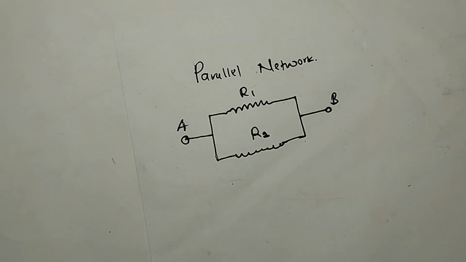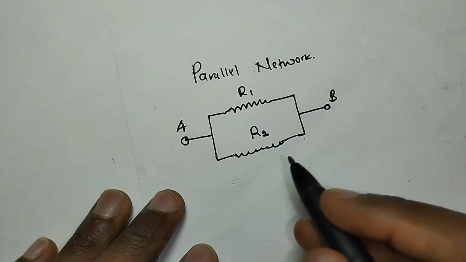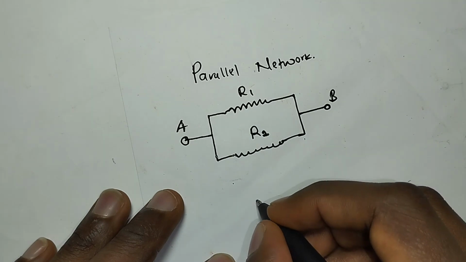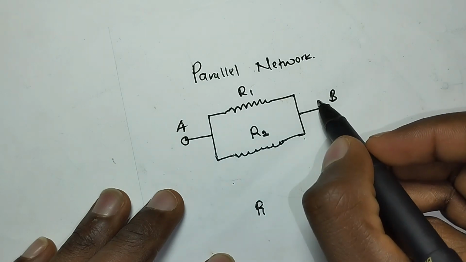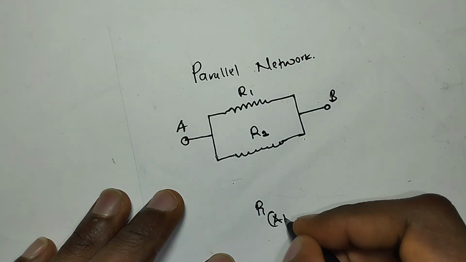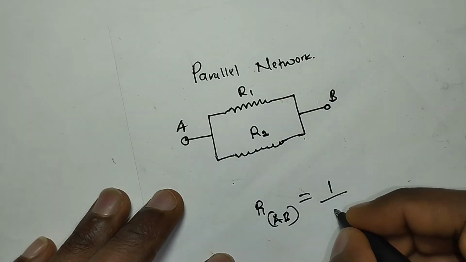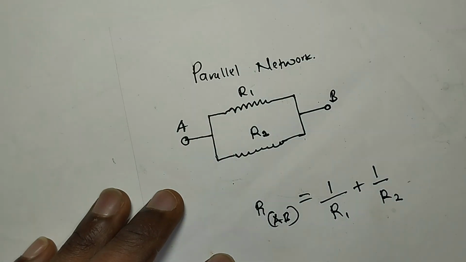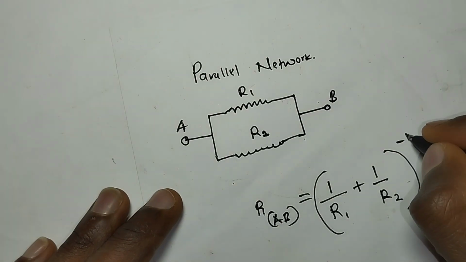So now how do we calculate the value of this kind of connection? This is how you calculate. The final resistance, the resistance between these two points A, B, is equal to 1 over R1 plus 1 over R2, and this whole value raised to negative 1.